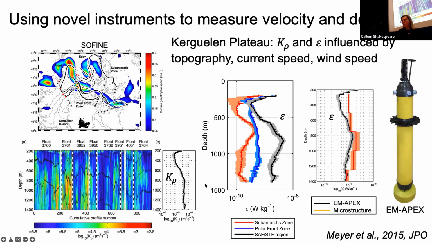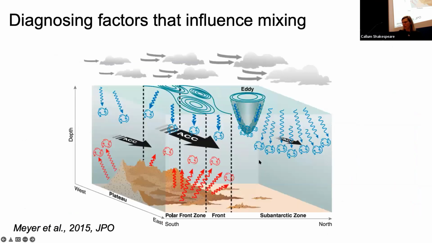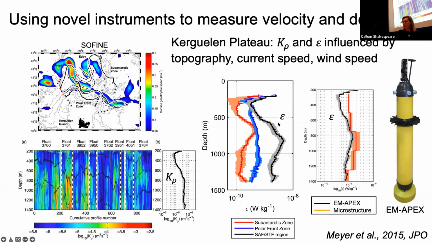So Amelie looked at dividing up these profiles according to various dynamical regimes and proximity to rough topography and other things. So an example in this middle panel is separating out the profiles that are in the subantarctic zone, the polar front zone, and within the subantarctic front in black. And so it's clear that that strong dependence on current speed is there.